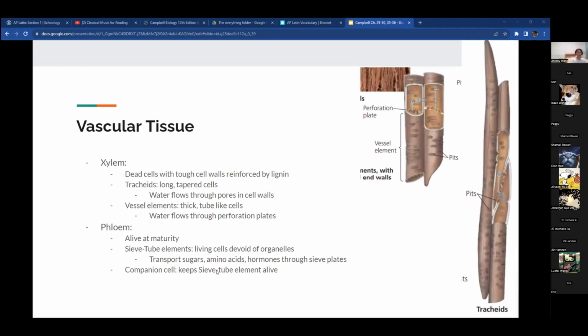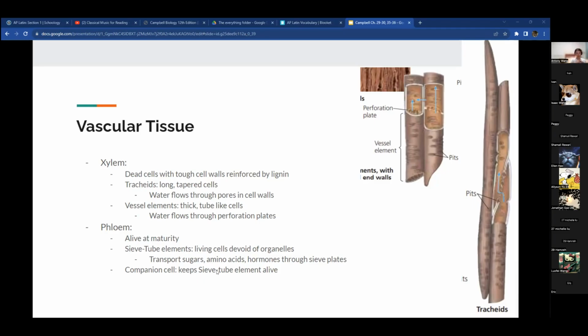This is important because sieve tube elements need to be alive at maturity to transport sugars. In xylem, the main force that propels its sap is pulling. Transpiration will pull water through xylem, and therefore it doesn't need to be alive.